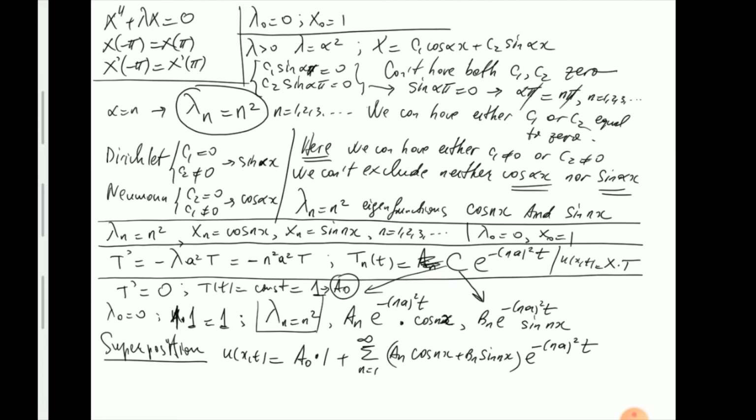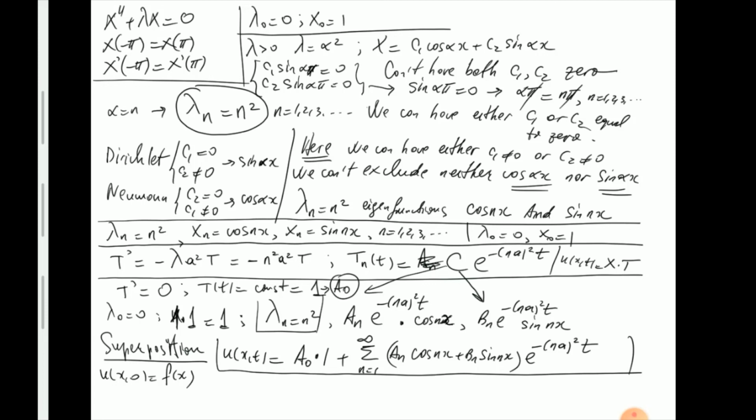All right, so this is how the full solution looks, a combination of both cosine and sine. And I'm going to finish here by noticing that the moment when you need Fourier series is right at the end when you impose the initial condition for the temperature, where u of x, 0 equals f of x.